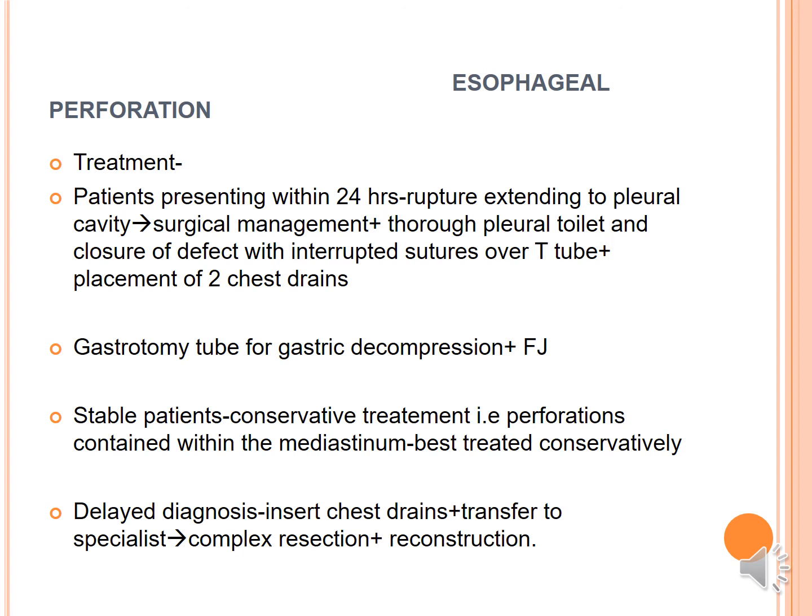Stable patients, conservative treatment, that is perforation contained within the mediastinum, best treated conservatively. Delayed diagnosis, insert chest drain, transfer to specialist, complex resection and reconstruction has to be done.